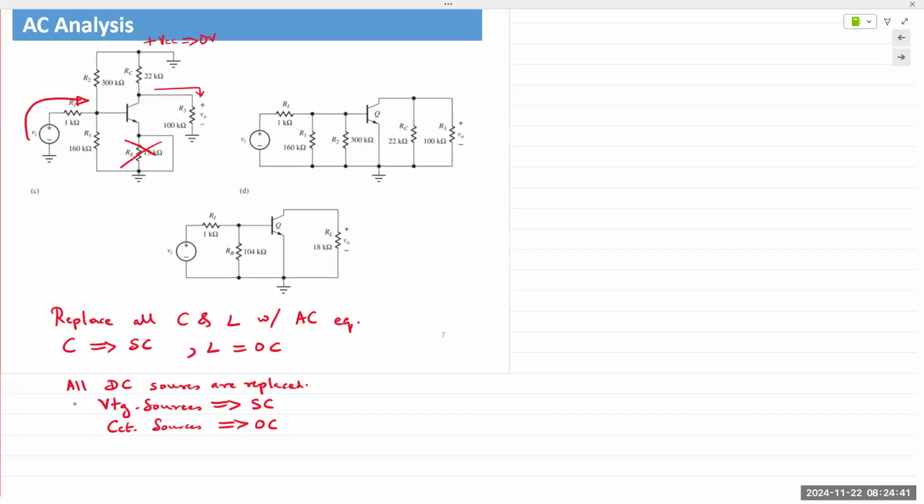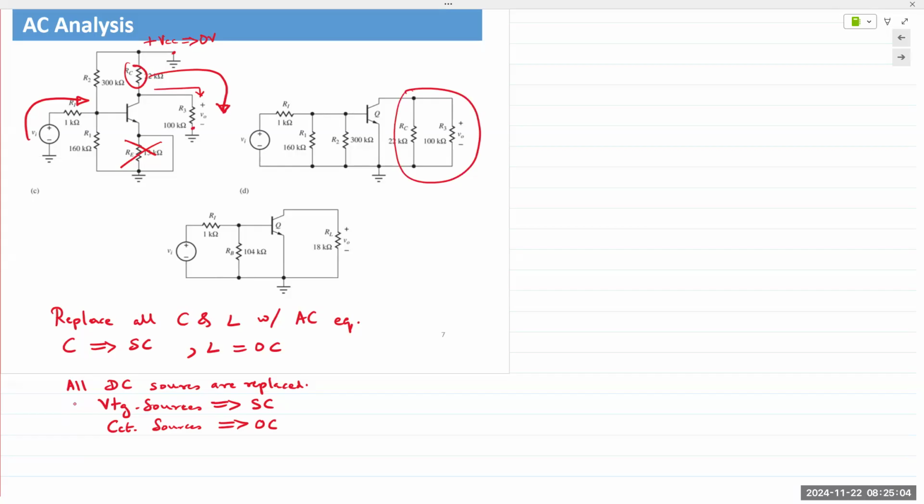And what that does is it brings RC in parallel with RL, or the load resistor, because both of them are connected to ground. And hence RC in parallel with your output load resistor. In this case, the notation is R3.